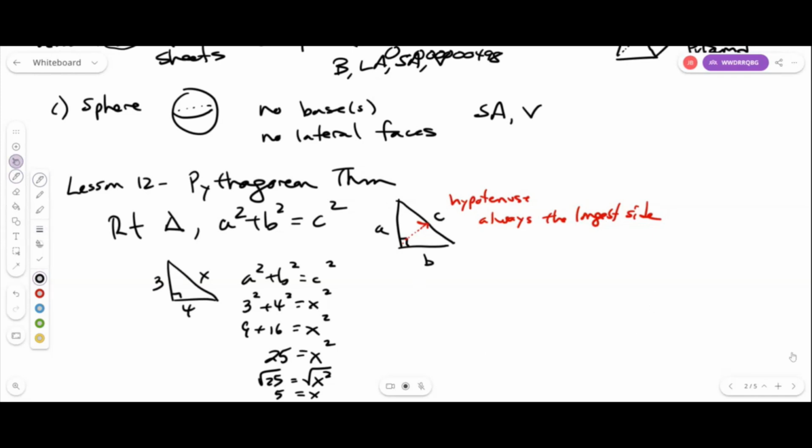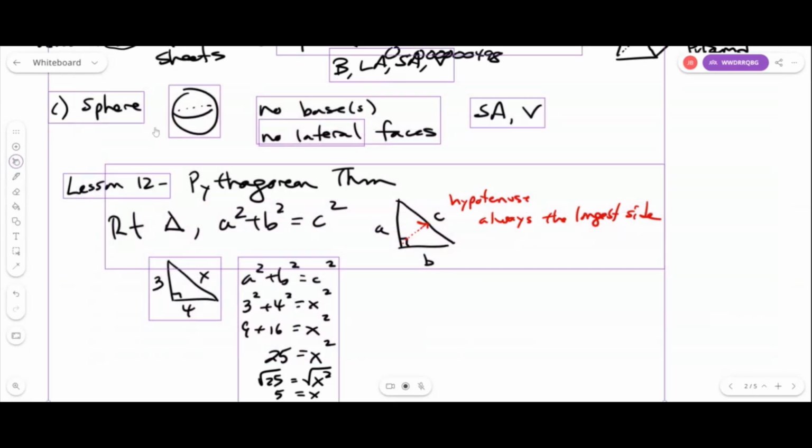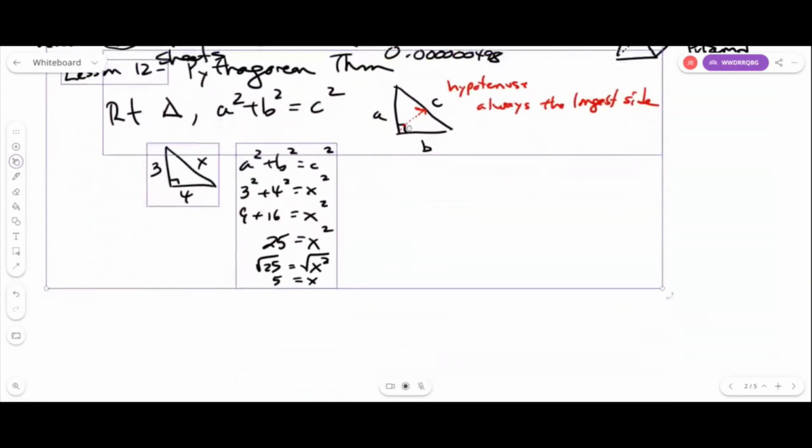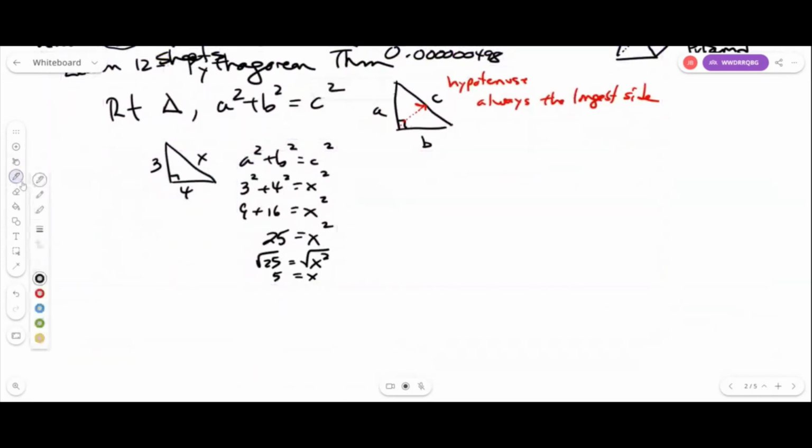But we also had problems where we were given the hypotenuse, but one of the legs was missing. And so a squared plus b squared equals c squared. This is a. B is x.